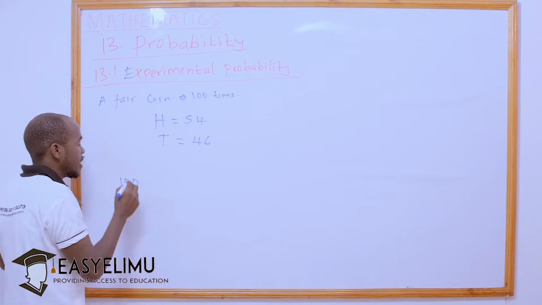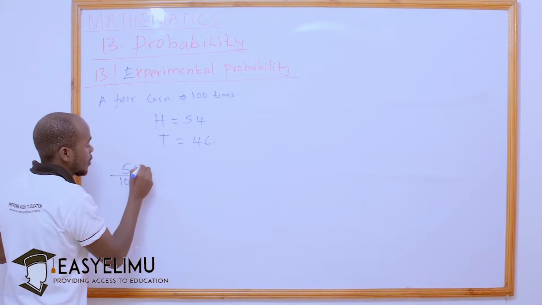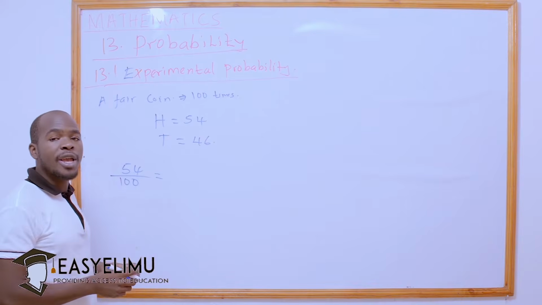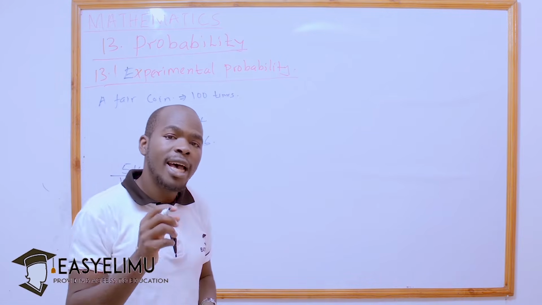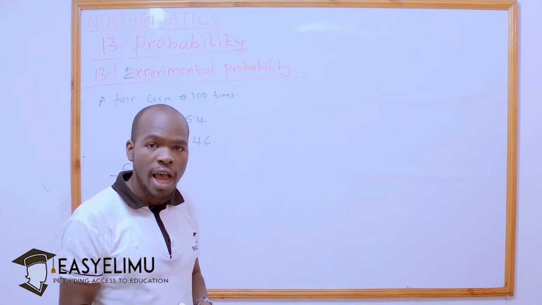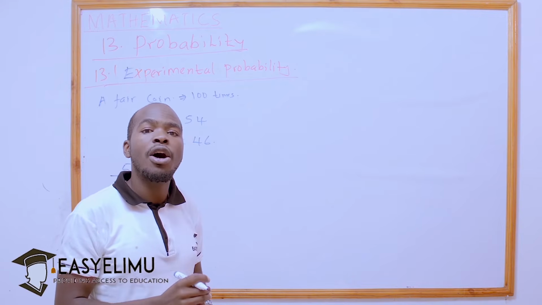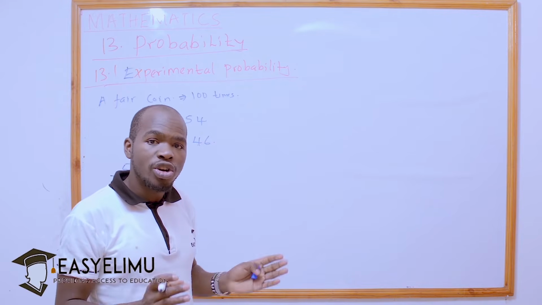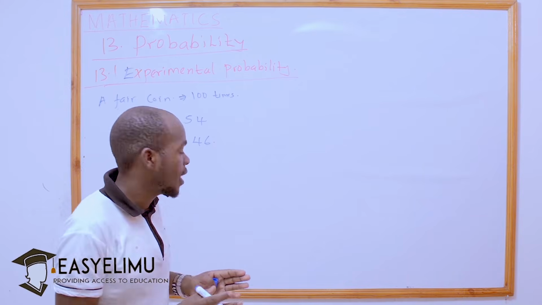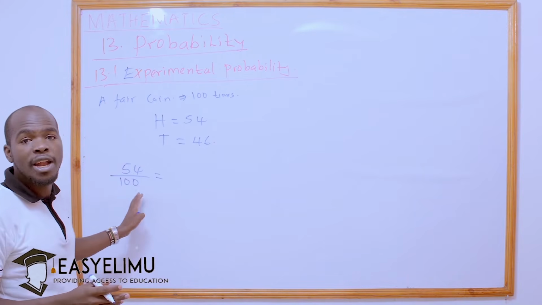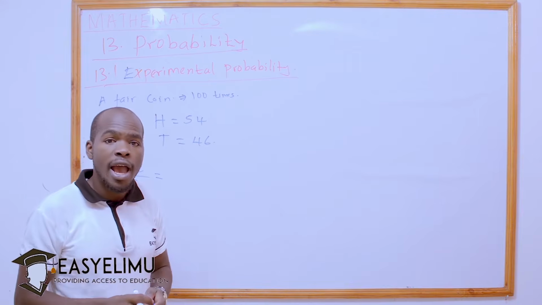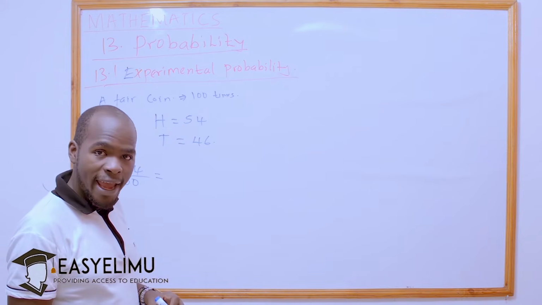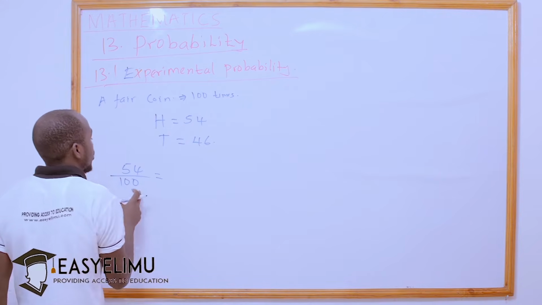So you will find that the probability of getting a head will be that number of heads which show up over the total number of tosses, which is 100. So if you do that, you will get the probability of tossing a coin and finding a head showing up.